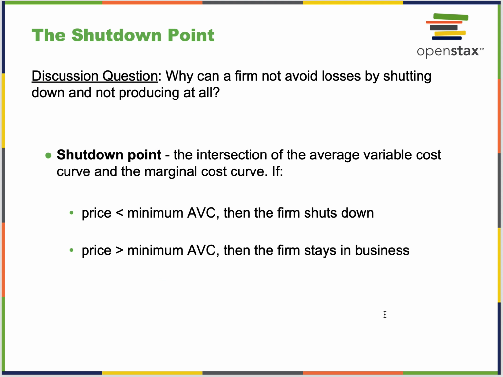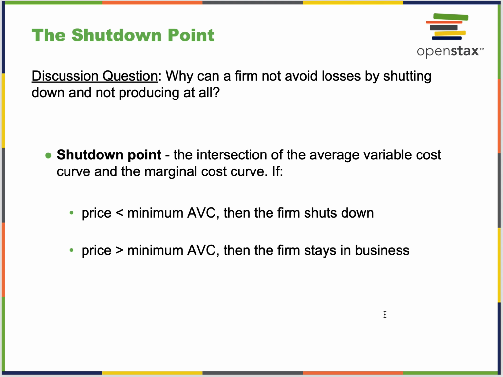Okay, so a discussion question. Can a firm not avoid losses by shutting down and not producing at all? Well, here's an excellent question. Sometimes it's cheaper to produce than to shut down. If the price is below the minimum average variable cost, the firm should shut down.